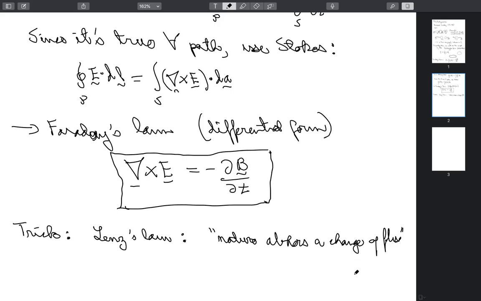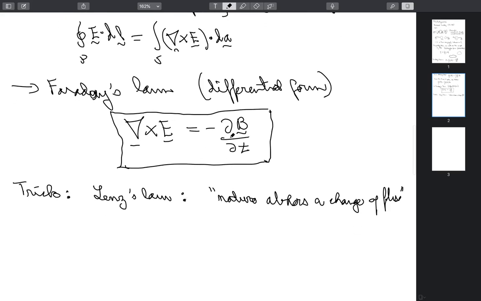What it means really is that if you were to change the magnetic field in a certain way, so if you have a certain loop like this, and you've got a field coming out of it, and say you increase the field, then the current in the loop will be such that it will try to counterbalance the change that you're trying to impose. So that's just a kind of trick you can use to make sure that you get the right answers.